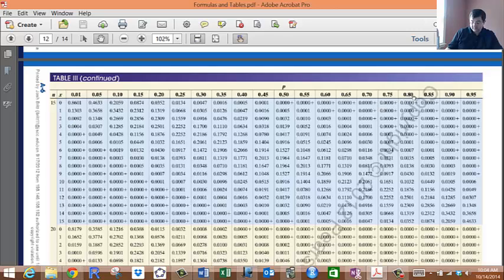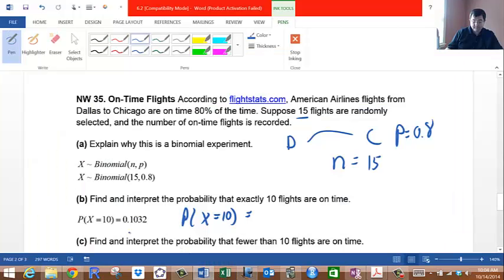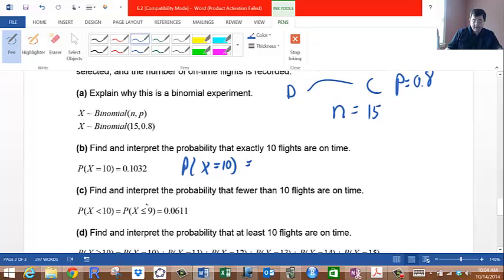And p equals 0.8 probability of success, and x equals 10. So we get 0.1032. That's the probability of 10 planes out of 15 being on time for any given group of 15 planes. And then we get that, okay?